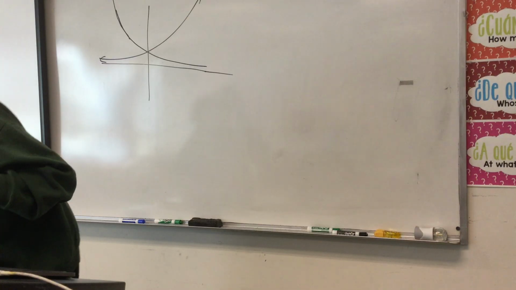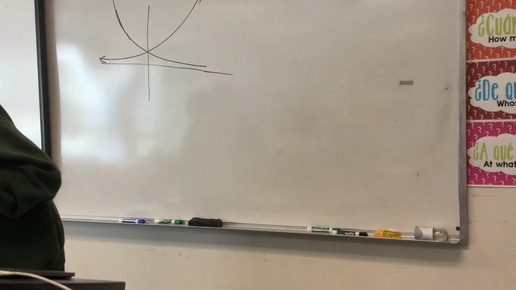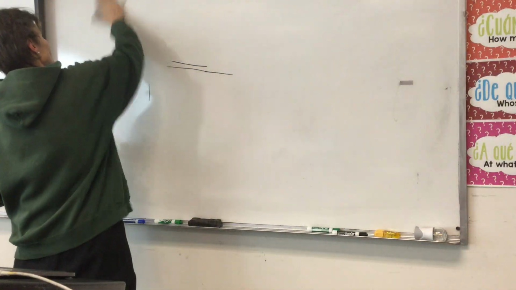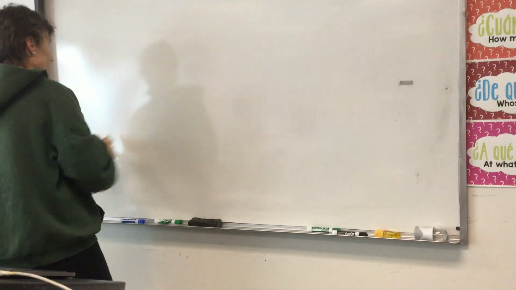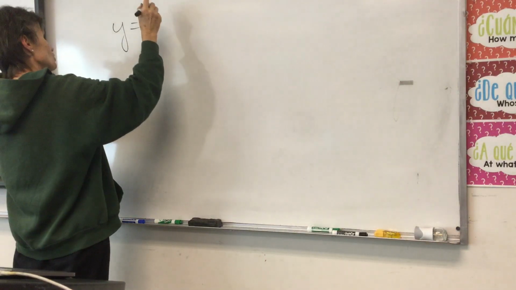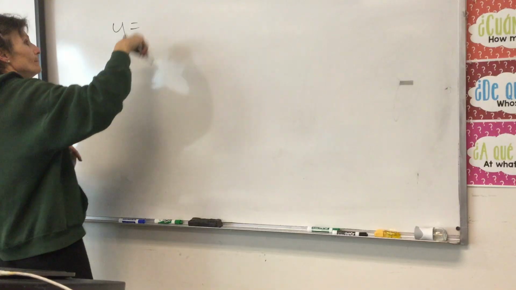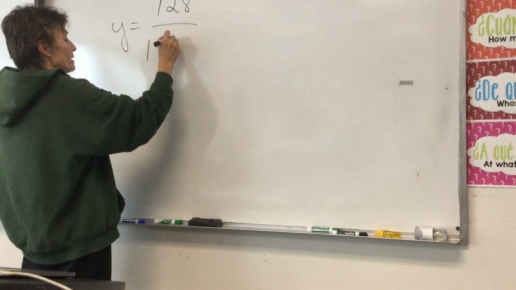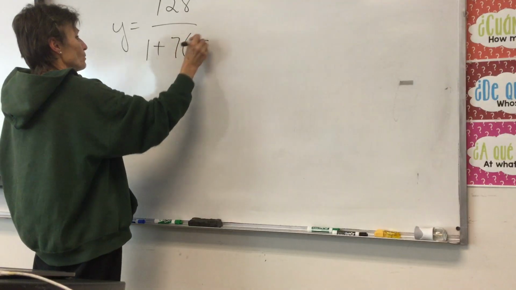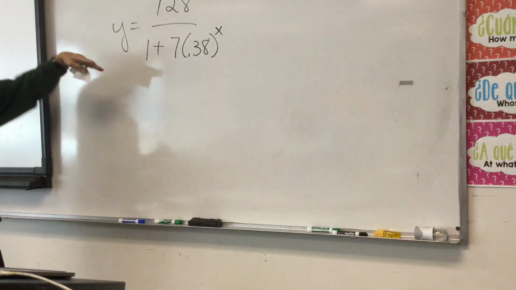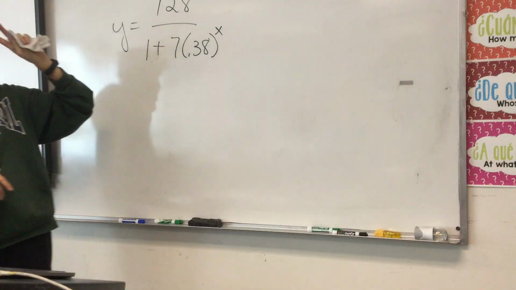Okay, so a logistic function. Well, we just wrote a whole bunch of them. It was something like, I don't know, 128 over 1 plus 7 times 0.38 to the x. I'm making that up, but that's a logistic function.